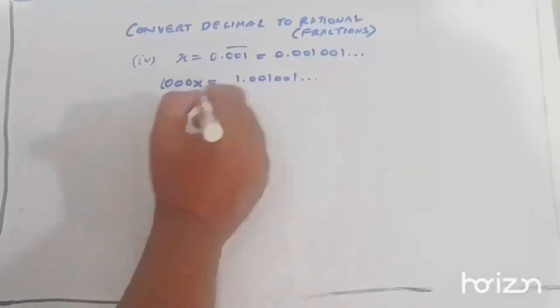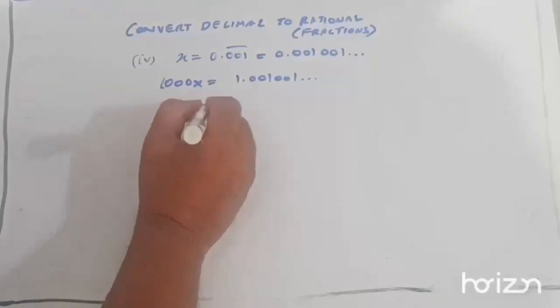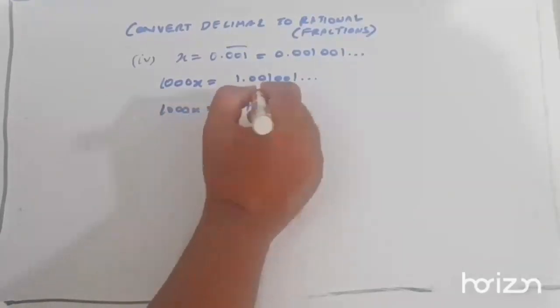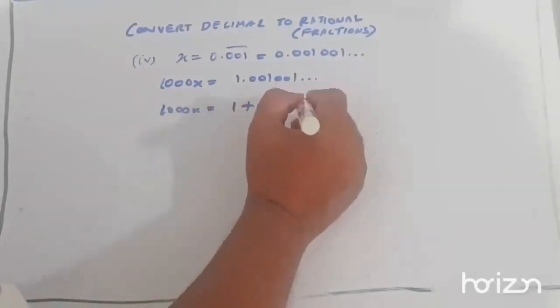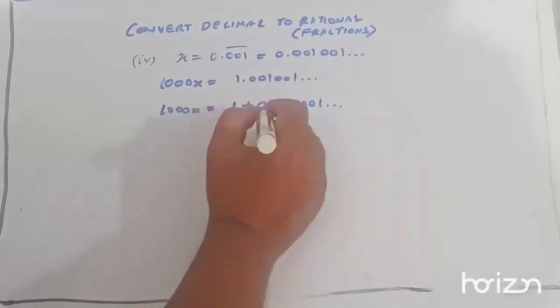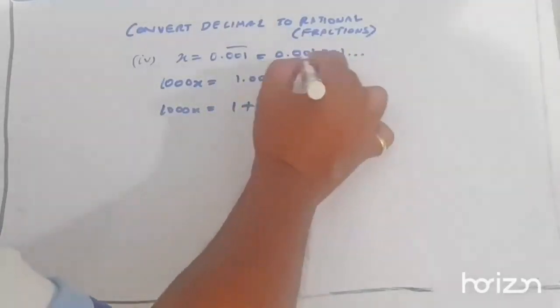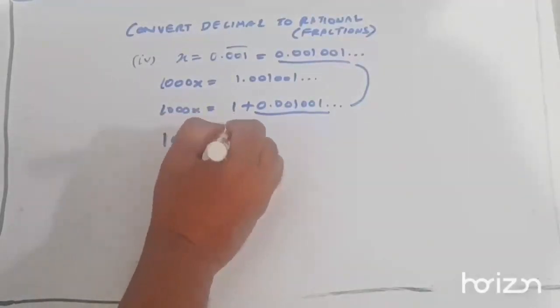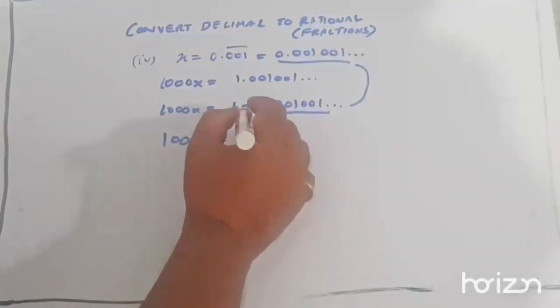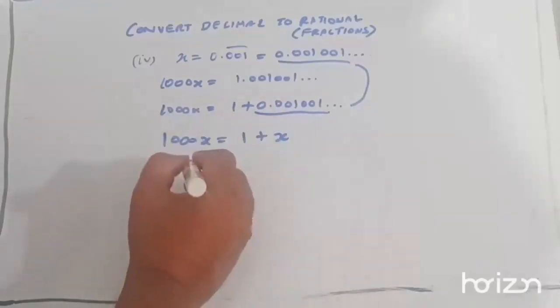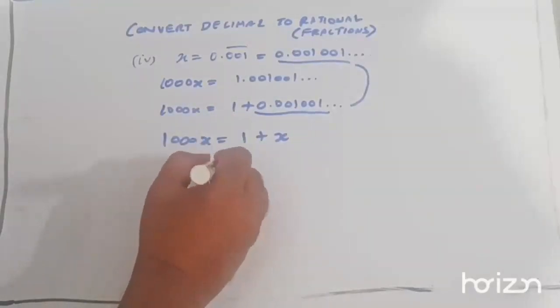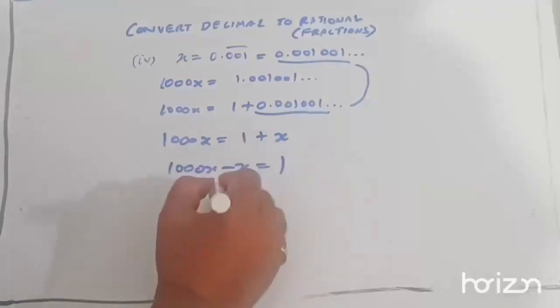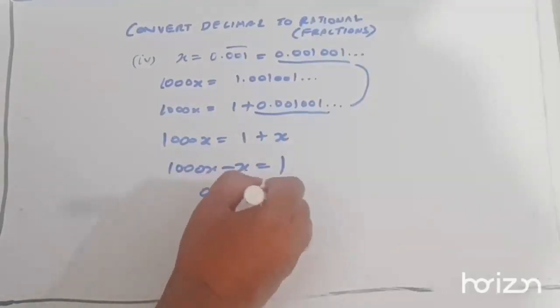So 1000x, we can easily write it as 1 plus 0.001001 etc. And you can notice that we can replace that by x itself. So 1000x is equal to 1 plus x, 1000x minus x is equal to 1, 999x is equal to 1, therefore x is equal to 1 upon 999.